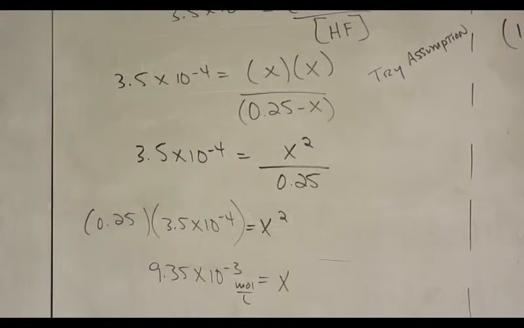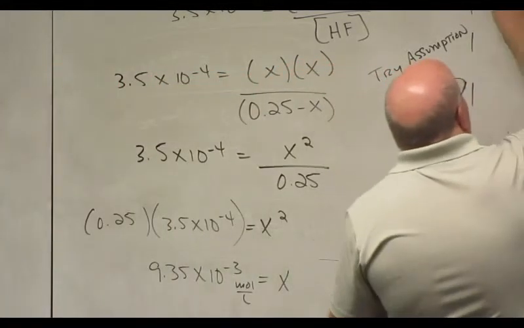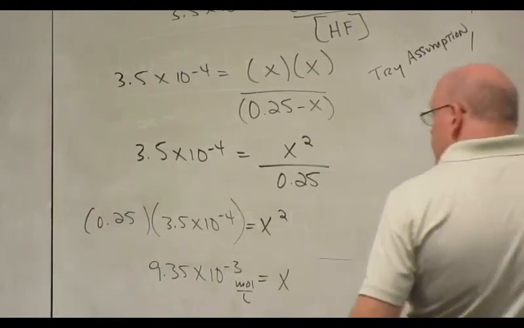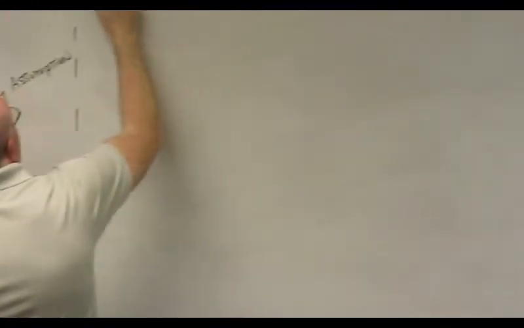So we got a number, and the question is, is the assumption valid? Did I do a reasonable job at finding out whether that assumption works? In order to validate that, we have to check if it's under 5%. I'm going to validate it.